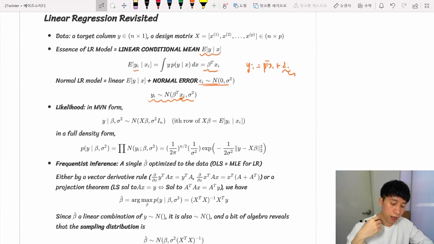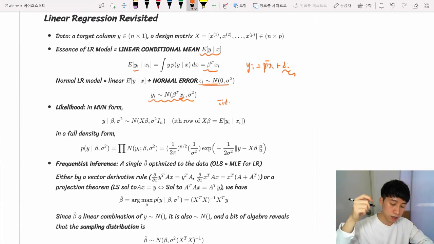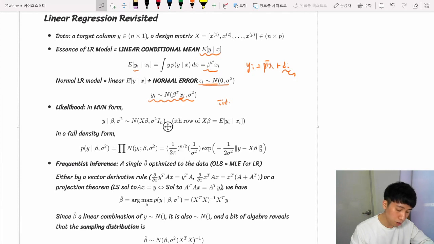If you add one more assumption, the IID assumption, which means that conditional on xi, all the dependent variables y1 to yn are IID samples, then you get a multivariate normal likelihood. If you write out this full density, we have a density right here.